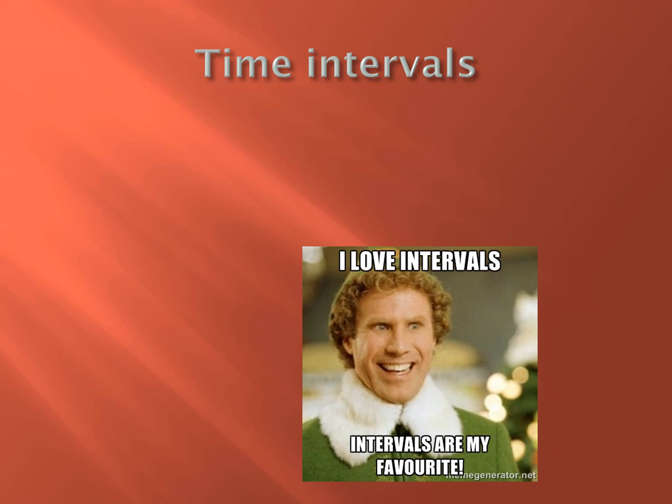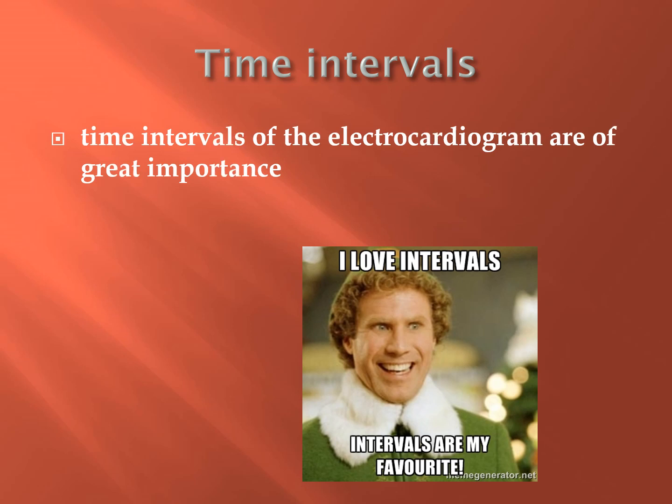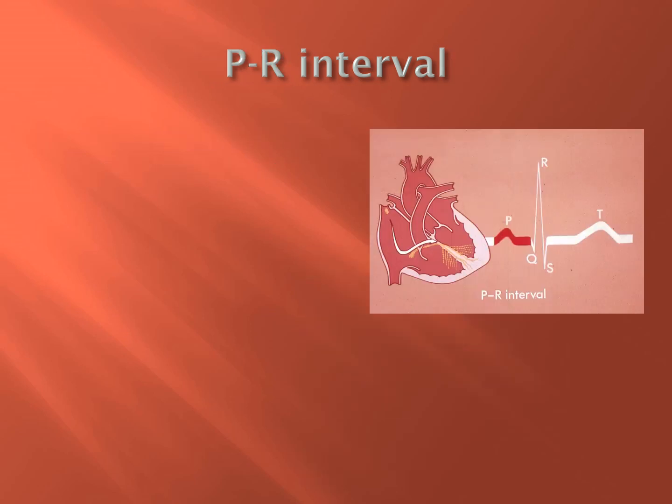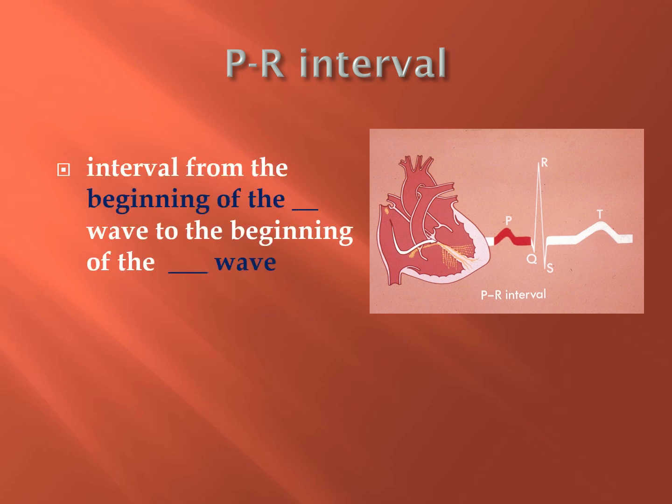Time intervals, this is where we get into the first ones. The first ones that we'll talk about are the ones of great importance. The PR is going to be a big one, and that's why I mentioned it earlier. This has a wave and a segment, so therefore it is considered an interval. This is the interval from the beginning of the P wave to the beginning of the Q wave.